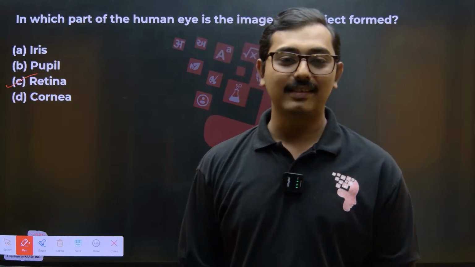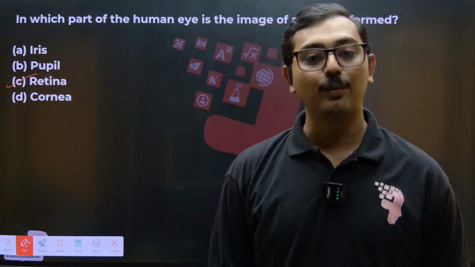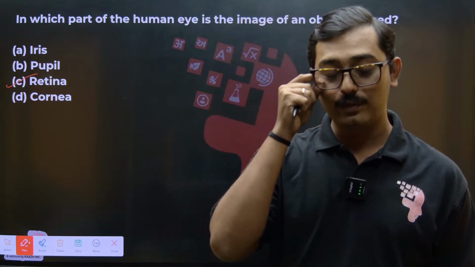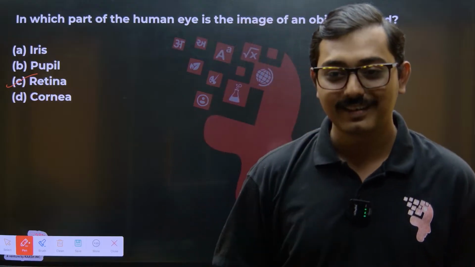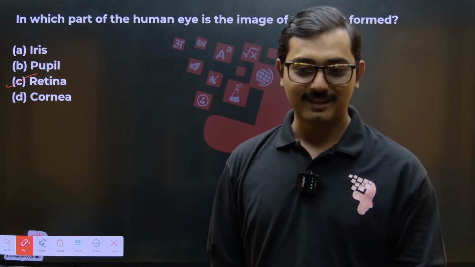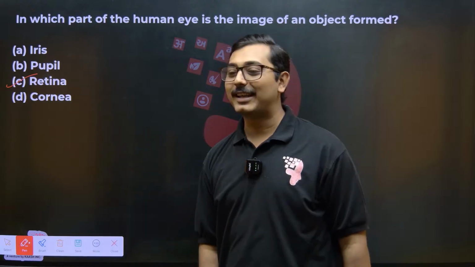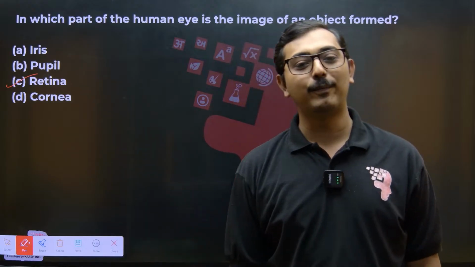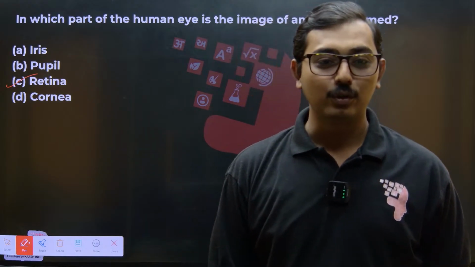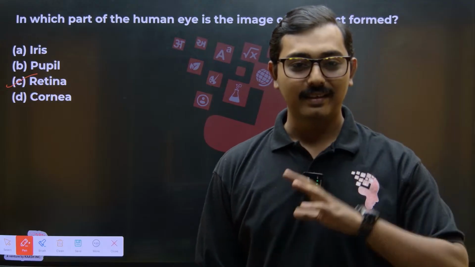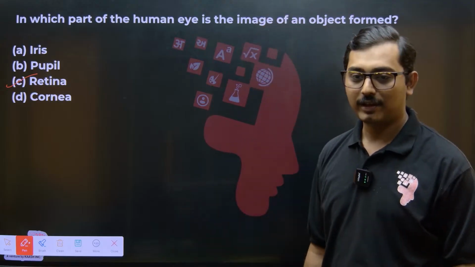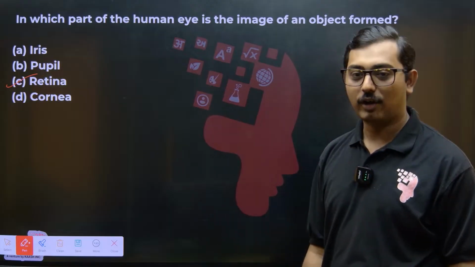And what are irises? Irises are just to protect our eyes from dust, that hairy-like structure you observe. Correct, Vidhu. It is the retina. Then the pupil: what is the function of the pupil? It is to let light enter inside our eyes. So retina is the answer, not anything else.